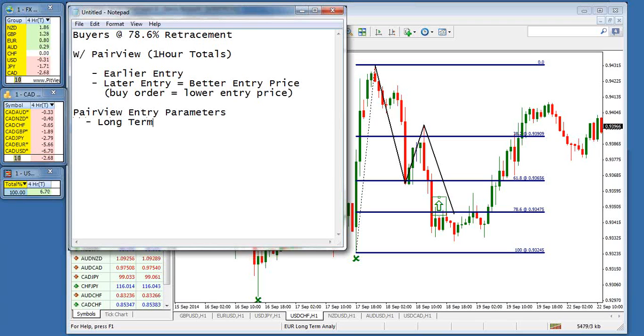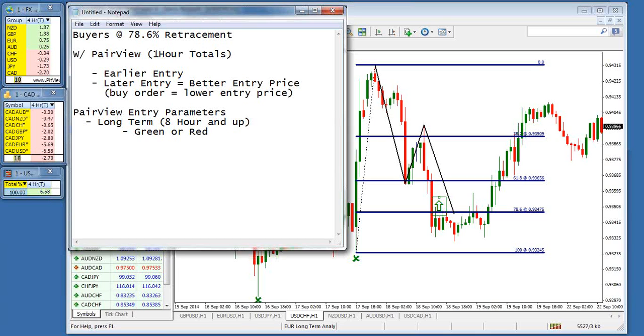For long-term trades, which would be 8-hour time frames and up, a lot of times you can just look at pair view and see whether it is green or red. You see my pair view right down in here, like I'm showing the 4-hour totals right down here. It's the buy and sell imbalance, the number that's in this screen, that we're looking for.